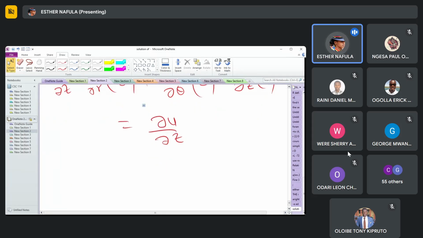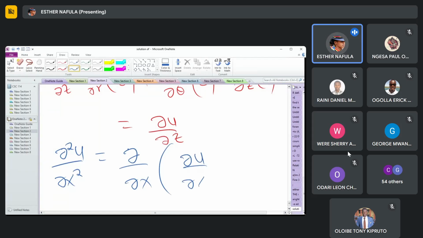So let's start with partial squared u partial x squared. Notice that this is the same thing as the partial derivative with respect to x of partial u partial x, right?